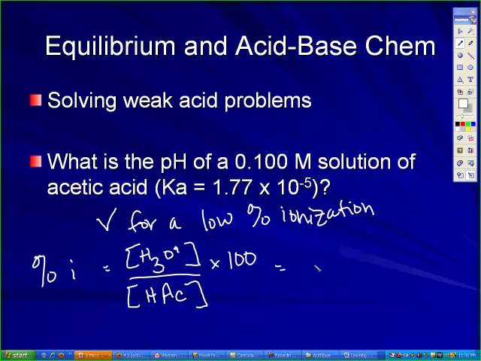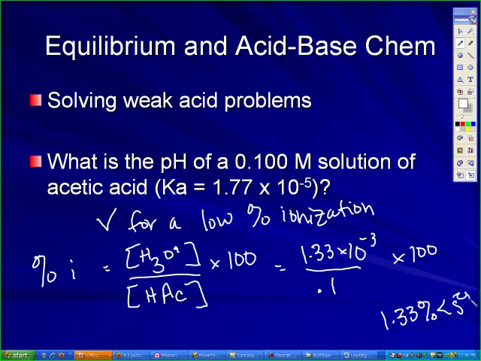Our H3O plus was that number we found for X, 1.33 times 10 to the negative third. We divide that by 0.1 and multiply by 100. That comes out to be 1.33%, which is less than 5%. So we're okay with doing that.